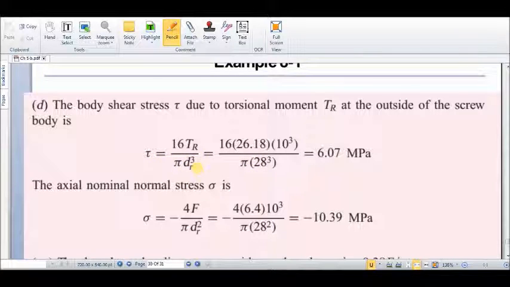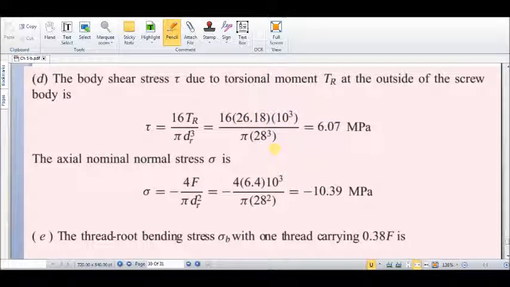To avoid any confusion of units, I suggest you use Newton meter for torque and meter for dr. Then at the end you will find the result in Pascal. I believe that it would be less confusing.